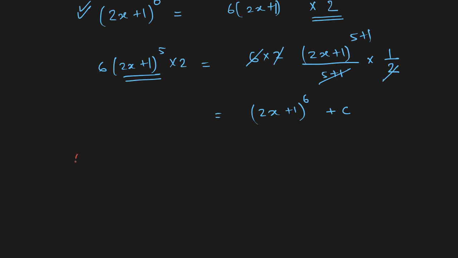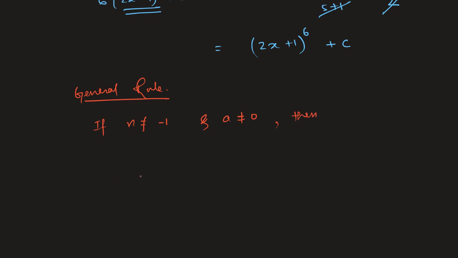If you want to generalize this rule, what we can say is, if n is not equal to -1, first condition, and a is not equal to 0, then if we are integrating a linear function, that is (ax plus b) to the power n, integration of this with respect to dx would be (ax plus b) to the power n plus 1, whole divided by n plus 1.